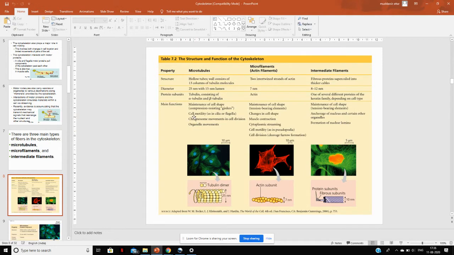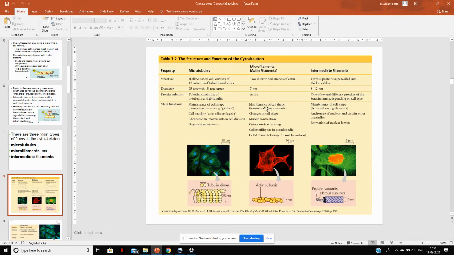As well as in cell motility, where cilia and flagellar movement are controlled by them. Chromosomal movement in cell division, you are well aware of, in the form of spindle fibers. Those are a form of cytoskeletal structures, more specifically microtubules. Then organelle movements, we'll discuss in the coming slides.